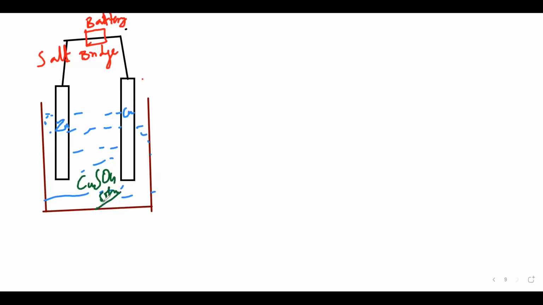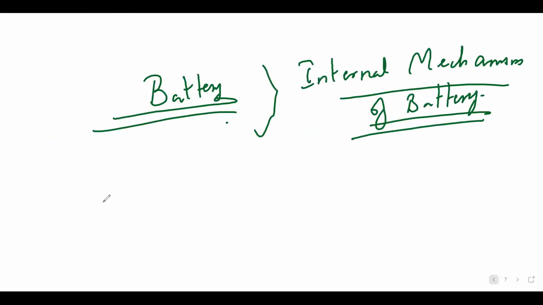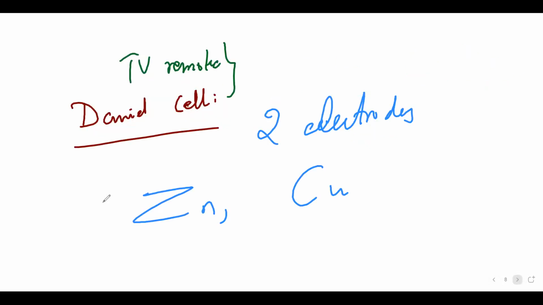It's okay because all of these things should be in a solution for the movement of electrons. So I told you in the beginning itself, we are going to learn about the internal mechanism of the battery. So the first one and a very important one is our Daniel cell.